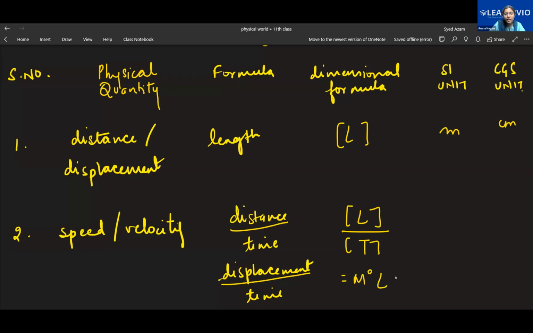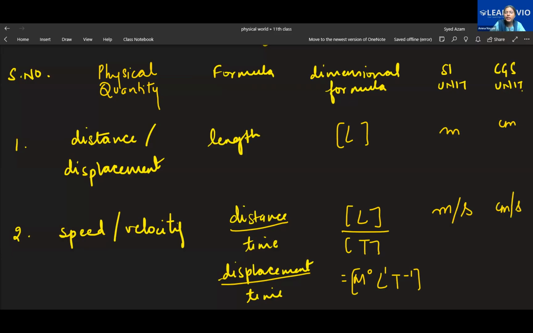But T, when it goes up, will be T to the power minus 1. Now, SI unit, this is meter divided by time. Length by time. So meter divided by second, meter per second, or centimeter per second. Seconds will be the same.